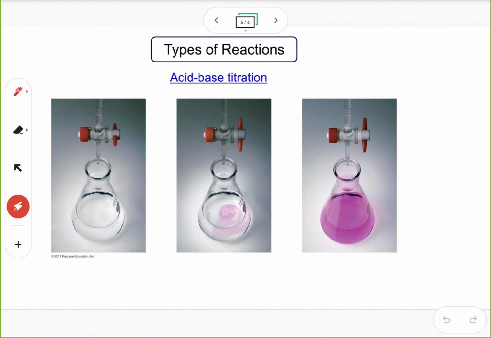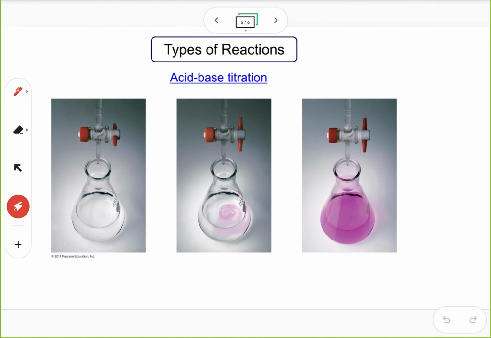If the color stays more than 30 seconds, then that means the reaction is over. You should stop, and then by looking at how much of the acid and base you used in the burette, you can calculate the concentration of this unknown base or acid solution. Okay, so that's the basic mechanism of titration.